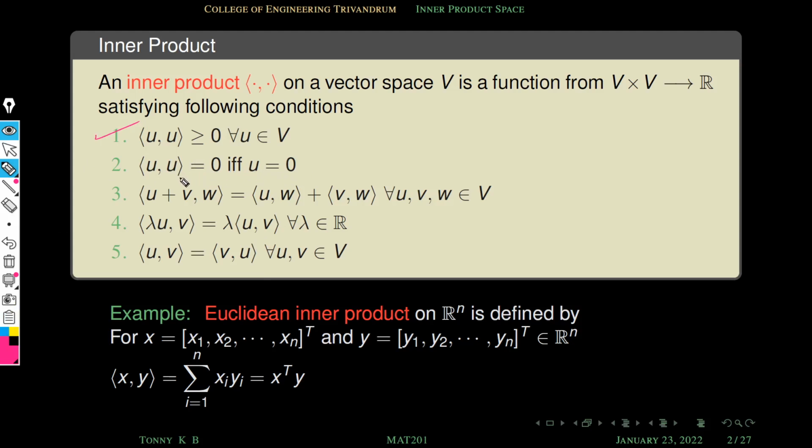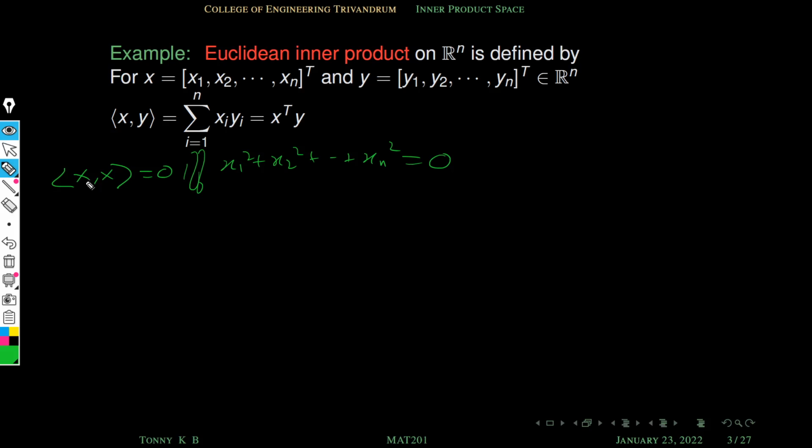That means we are going to consider the inner product of x with x equal to 0 if and only if x equal to 0. First we consider the inner product of x with x equal to 0. From the previous case, we know that this is equal to x1 square plus x2 square plus etc. plus xn square, and that is equal to 0. And if and only if what? All the individual terms are greater than or equal to 0.